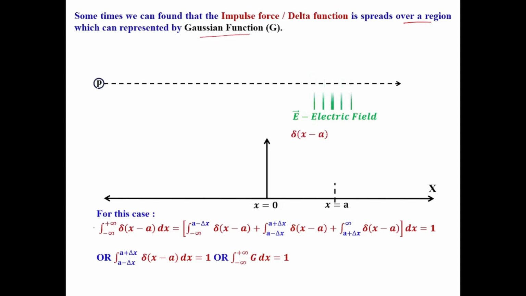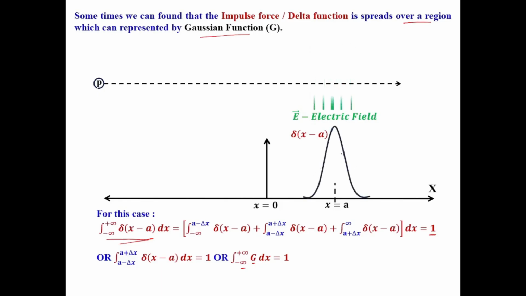It has to follow this equation: the integral from minus infinity to plus infinity of delta(x minus a) has to be 1, or the integral of the Gaussian function g dx should be 1.